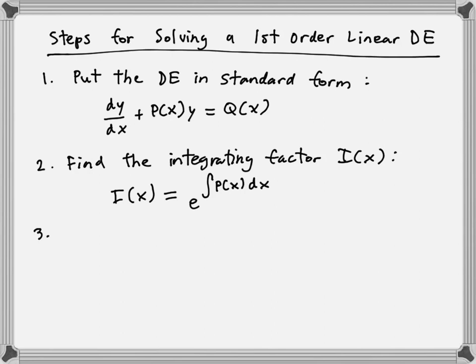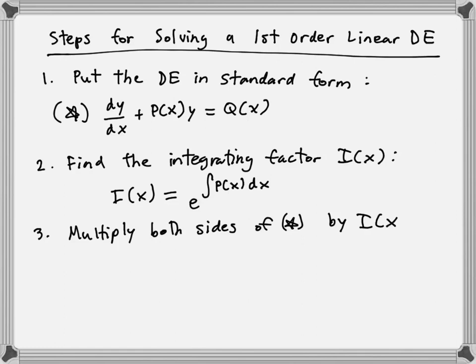Step 3. Let me call this standard differential equation star. Step 3 is going to be to multiply both sides of star by your integrating factor. Finally, step 4, here's what you're going to have. You're going to have this.